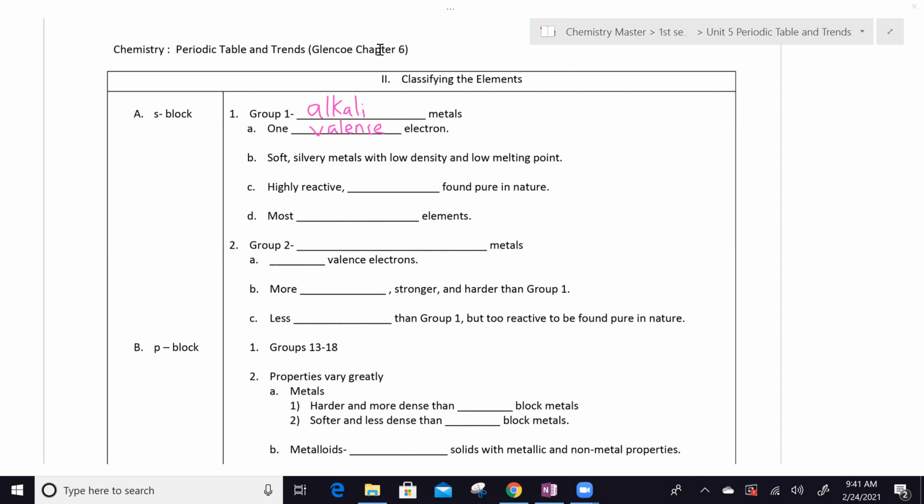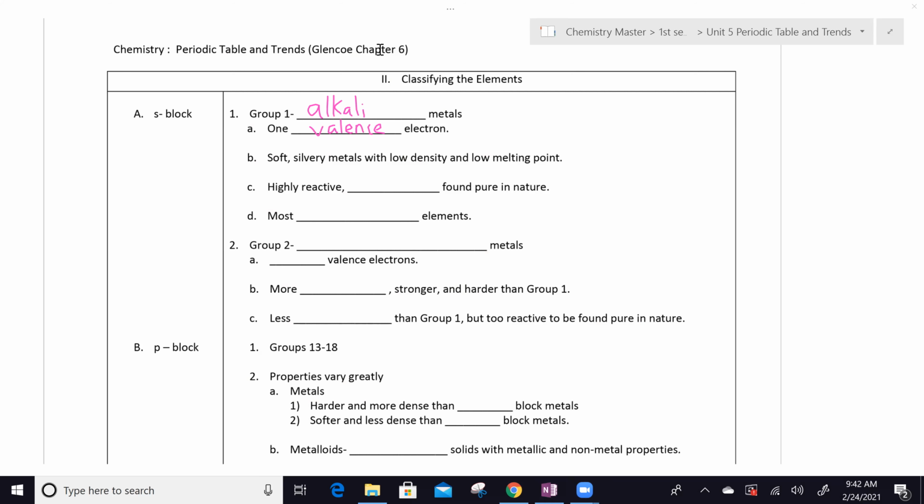All right. So the group 1 metals, they're not the metals we typically think of. It's like calcium, what we think of as vitamins or nutrients. Calcium and potassium and sodium and lithium and all that stuff, okay? But they are metals.